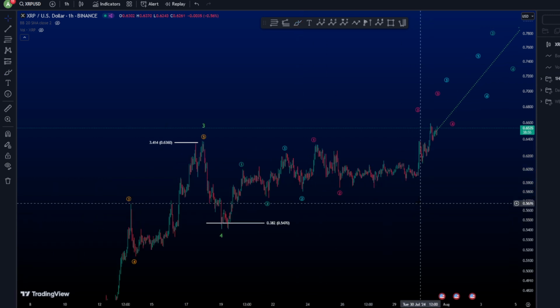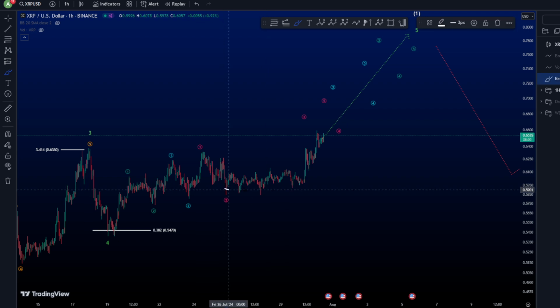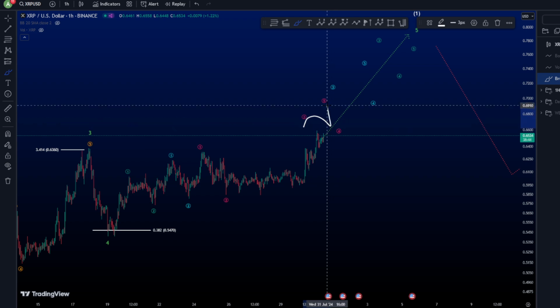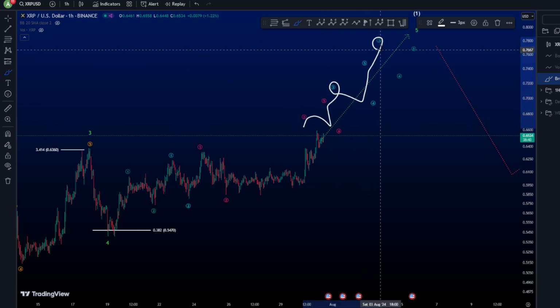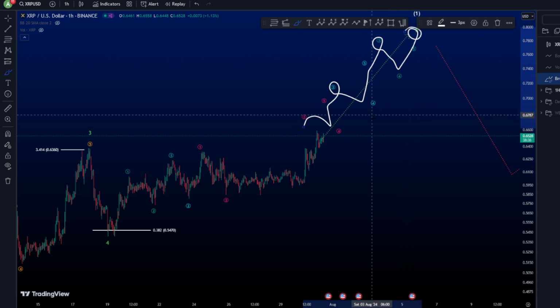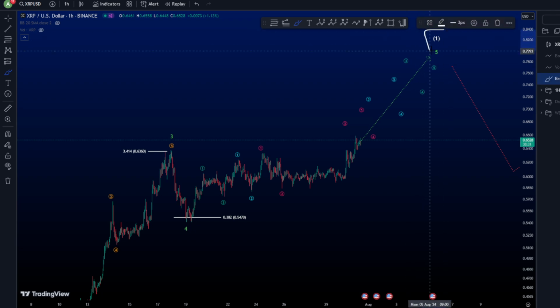So what we are expecting is a wave 3 towards the upside, finishing the wave 3 in magenta first, and then 4, 5 finishing the wave 3 in blue, 4, 5 finishing the 3 in teal, and 4, 5 finishing the biggest wave in green for the wave 1.